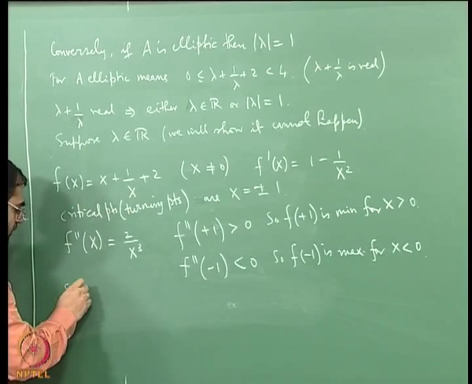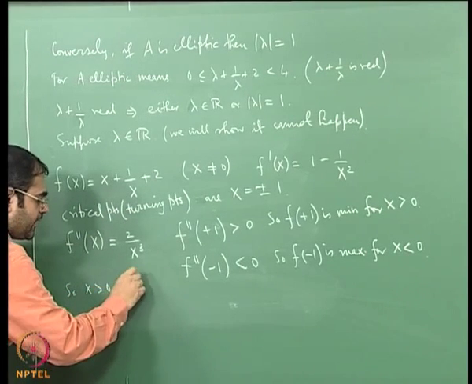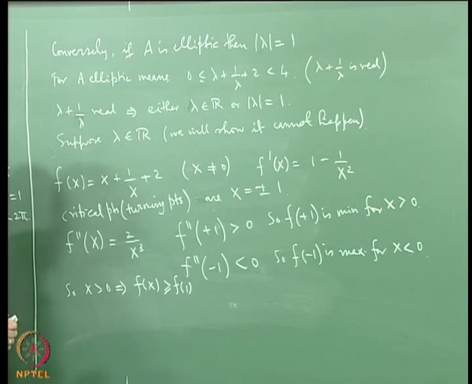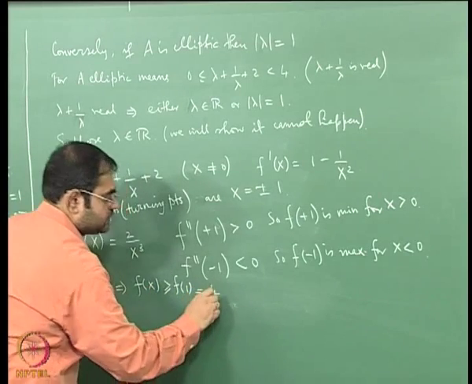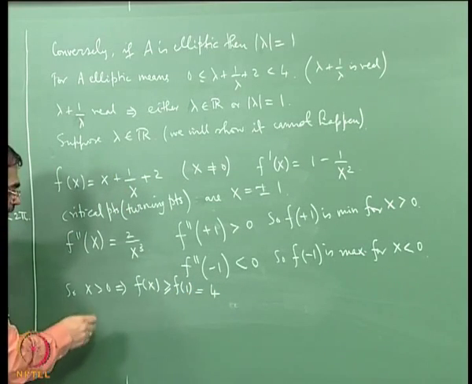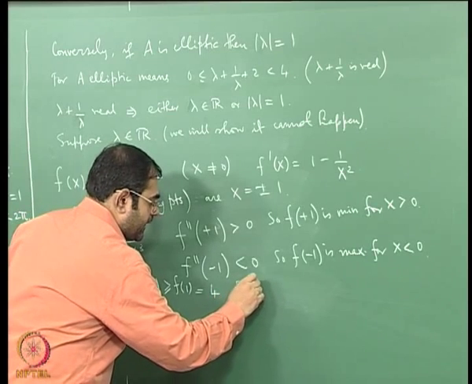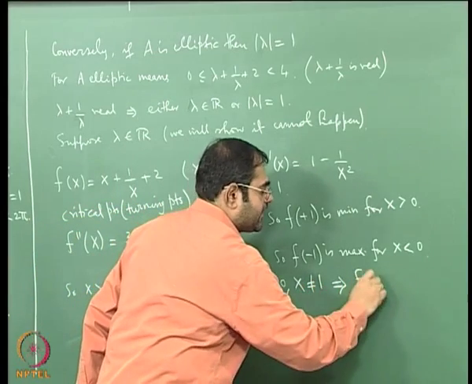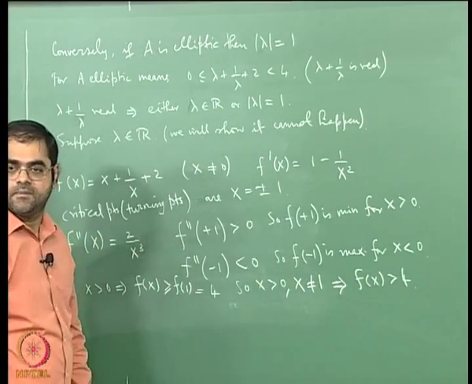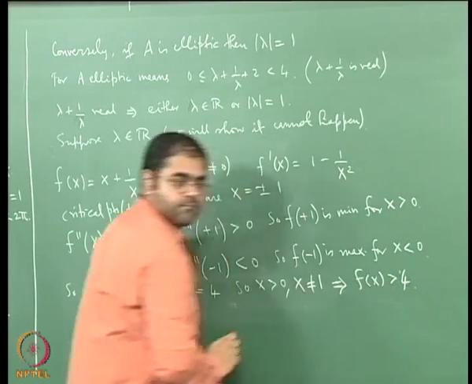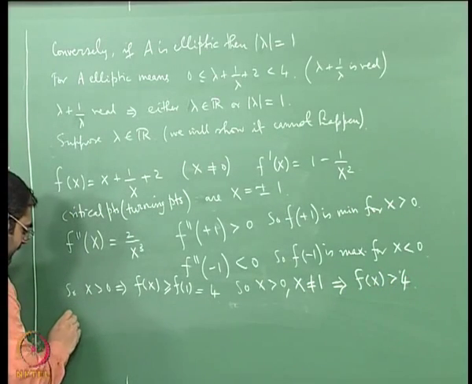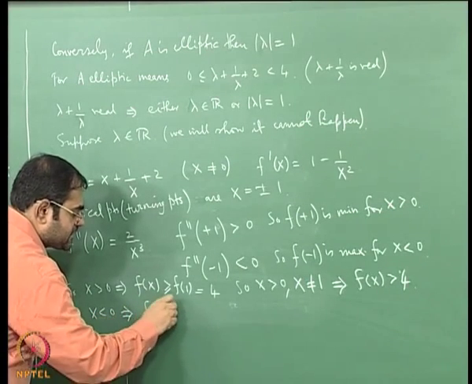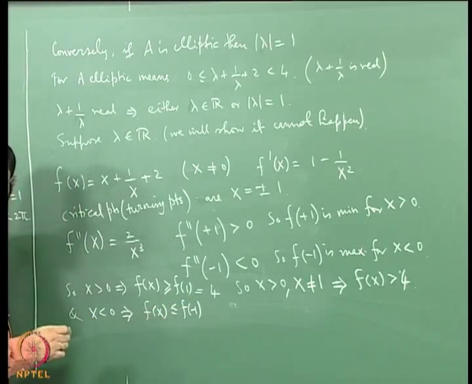And what are the values? So you see, x positive implies f of x is always greater than or equal to f of 1, okay, and f of 1 is 4, and so x positive, x not equal to 1 will imply f of x greater than 4, okay, and x negative will imply f of x is less than or equal to f of minus 1, which is 0.